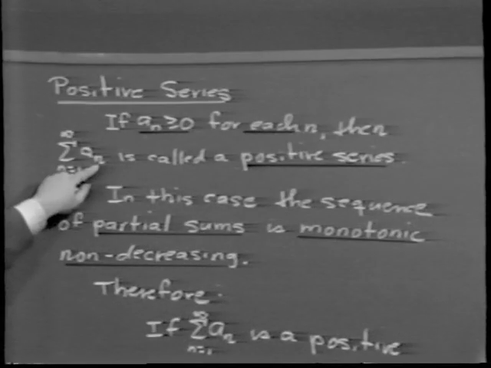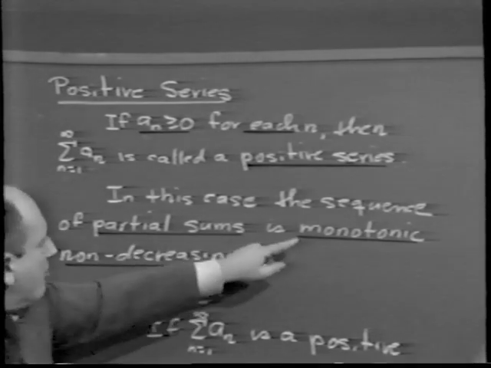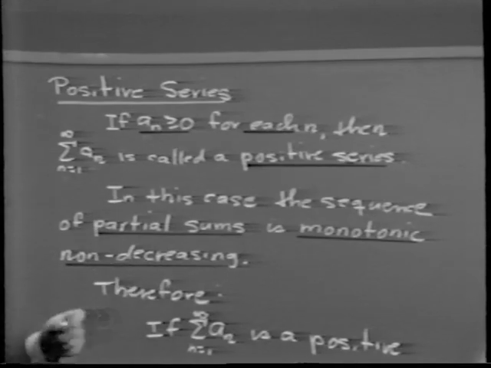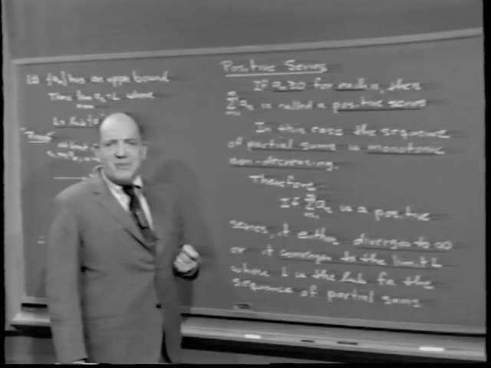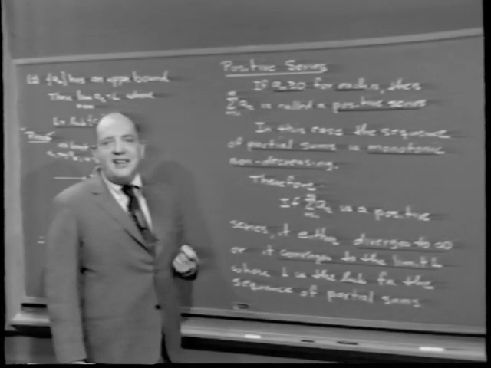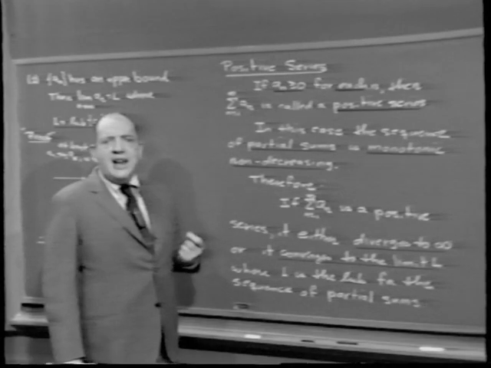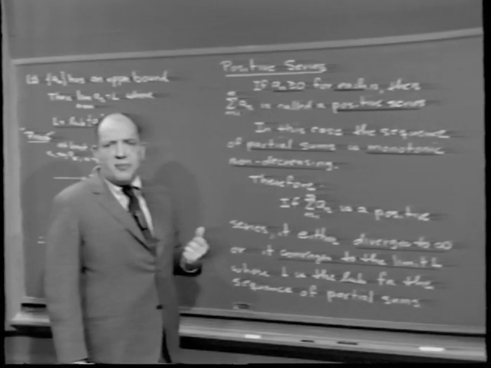If each of the a sub n's is positive, or at least non-negative, notice then that the sequence of partial sums is monotonic non-decreasing. Why? Because to go from the nth partial sum to the n plus first partial sum, you add on a sub n plus 1, and since a sub n plus 1 is at least as big as 0, it means that the n plus first partial sum can be no smaller than the nth partial sum.